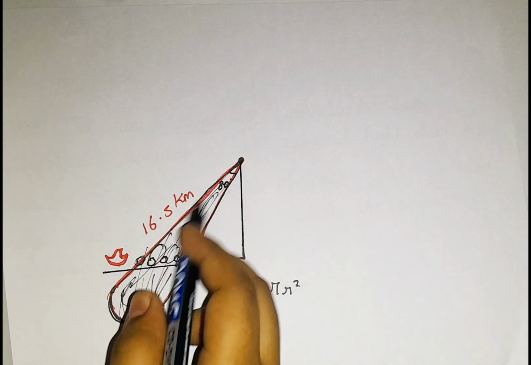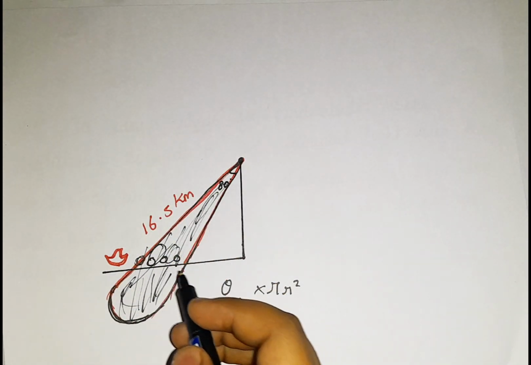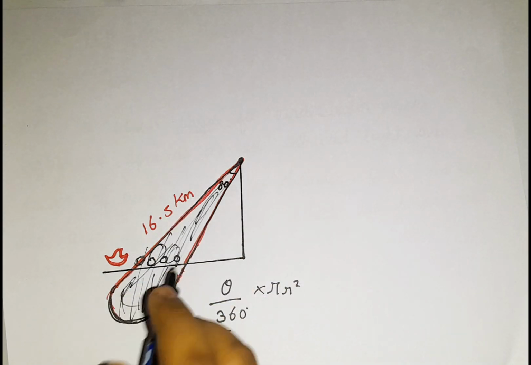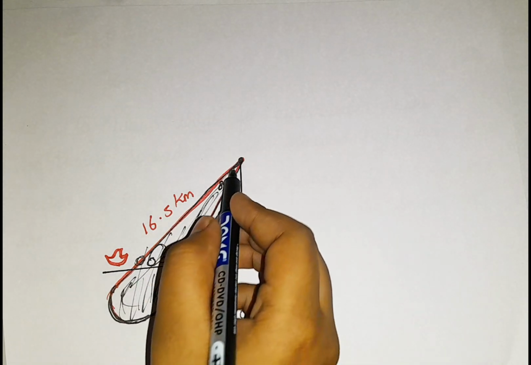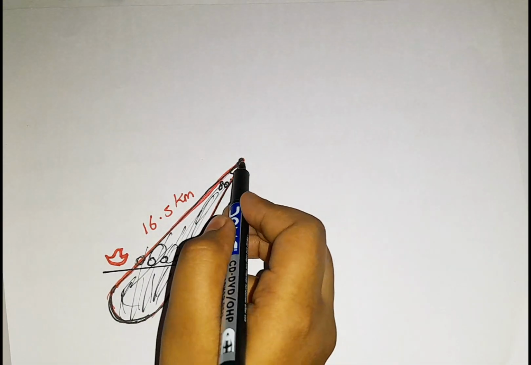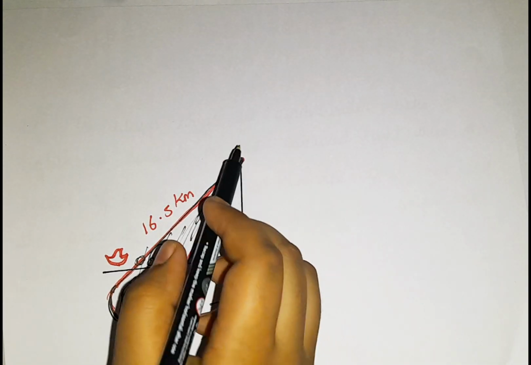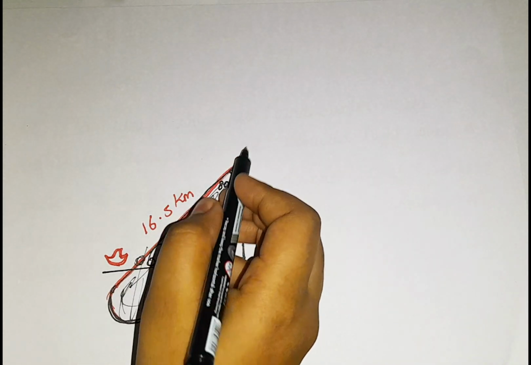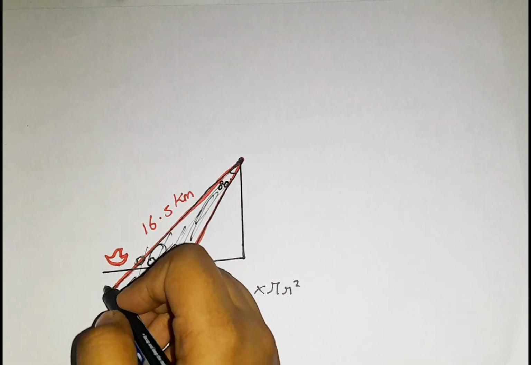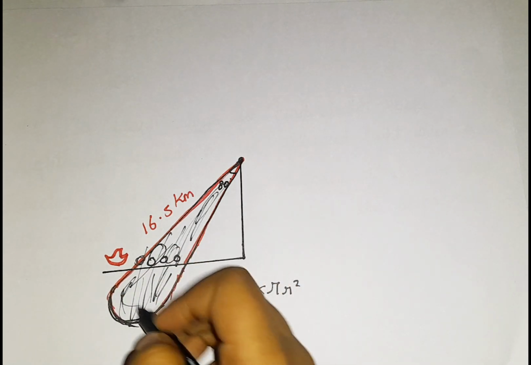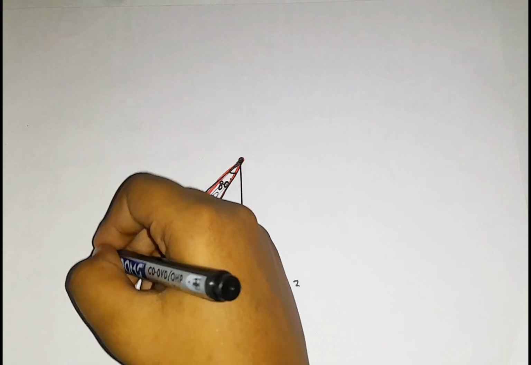Of course you know this is a radius. When you complete the circle, you will get to know this is a radius. This is the midpoint. If this is a sector, then this will be the center point of the circle. If you want, I'll just draw. The circle will come like this.